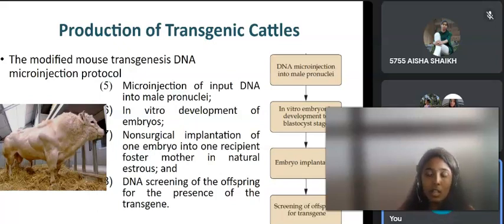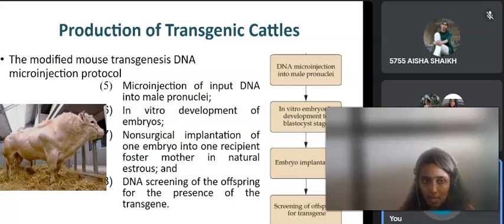But this one is modified a bit, since we have added centrifugation and all. So this method is called modified mouse transgenesis DNA microinjection, because initially we did just DNA microinjection. In here, what we have done is we have centrifuged. That's why this method is called modified mouse transgenesis DNA microinjection.